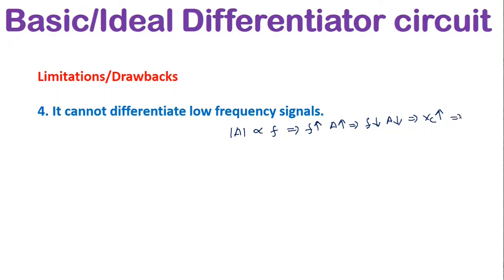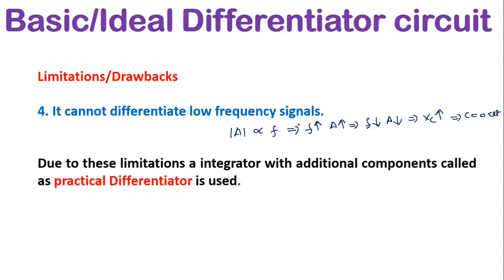That means the capacitor which is connected in the input side of the differentiator circuit will act as an open circuit for low frequency signals. So the low frequency signals cannot be differentiated by the ideal differentiator circuit.